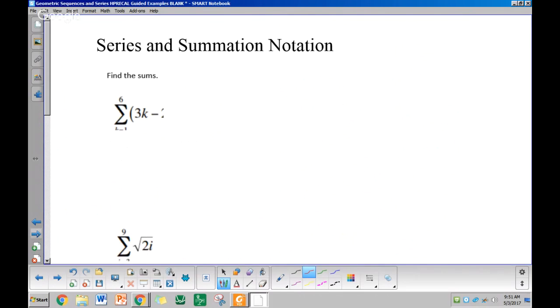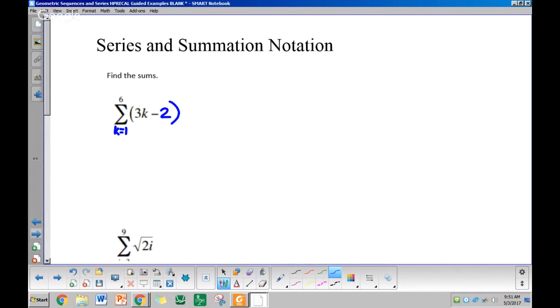All right. Summation notation. Now I'm sorry that this is blanked out here, and this is a K. This is the Greek letter S for sum. It's a sigma, but it's for sum.